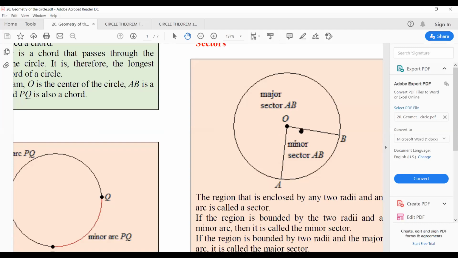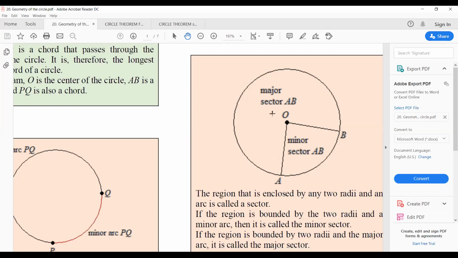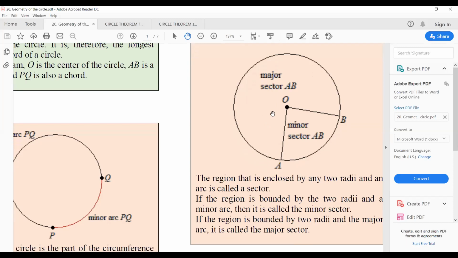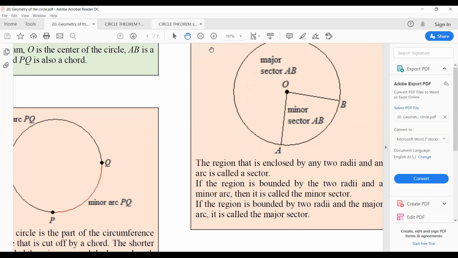Okay, so we have two radii. And between these two radii, we have two sectors. So here is the minor sector, and here we have the major sector. Any questions so far? No? No, sir. Okay.